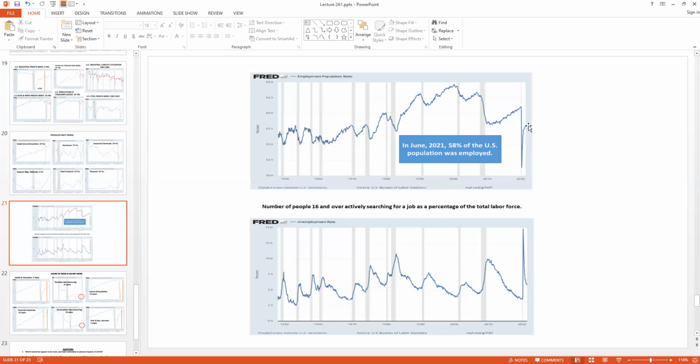But this means that a large portion of the population is not employed, and that's as it should be. Kids, we wouldn't expect kids to be working, and we would not expect seniors to be working. And there are more and more seniors as a portion of the population.